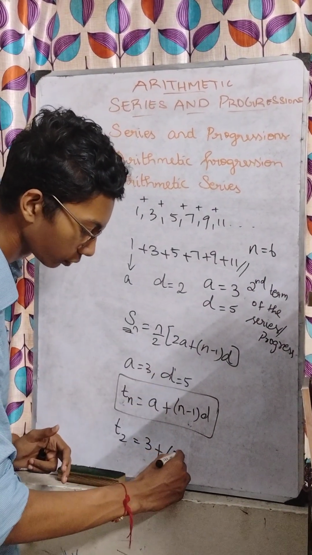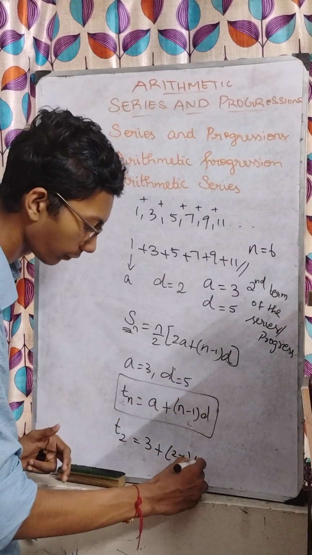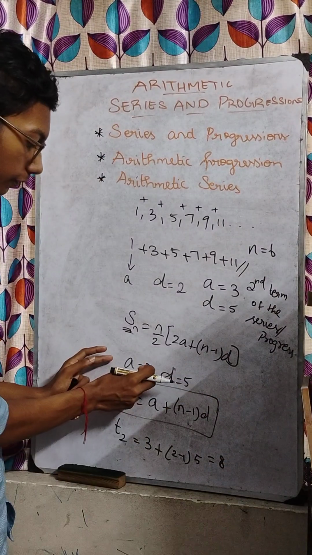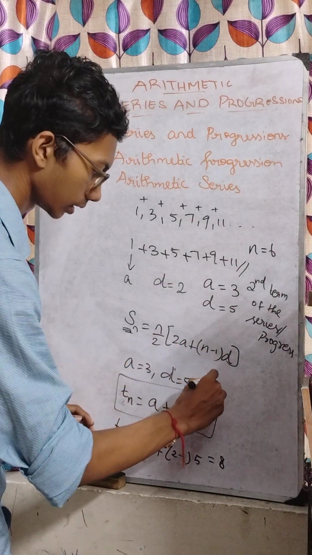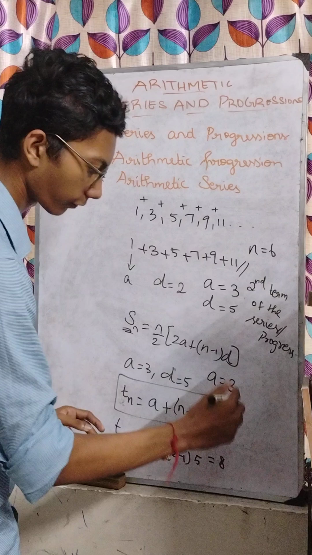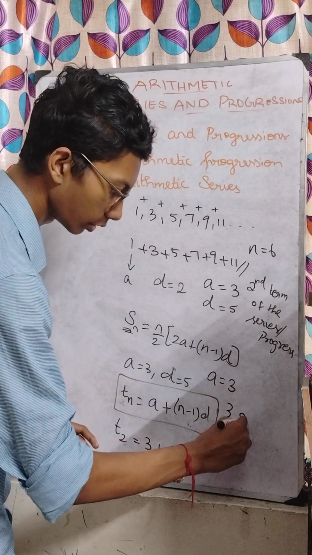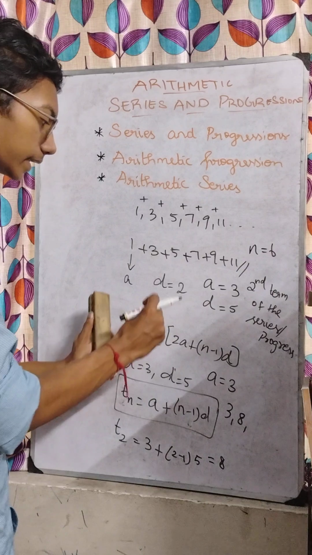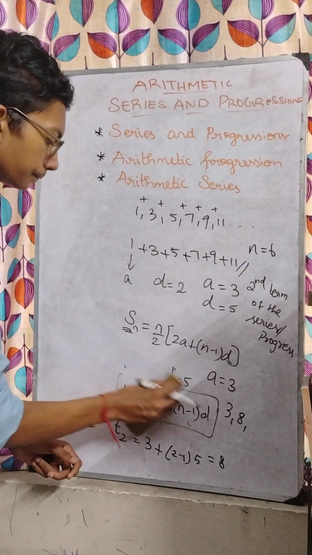So we have 2 minus 1 and d is 5. So 3 plus 5 gives 8. So if a progression starts with a as 3 and it has a common difference of 5, then the next term will be 8 and it goes on. So this is an important formula for finding the nth term of a series.